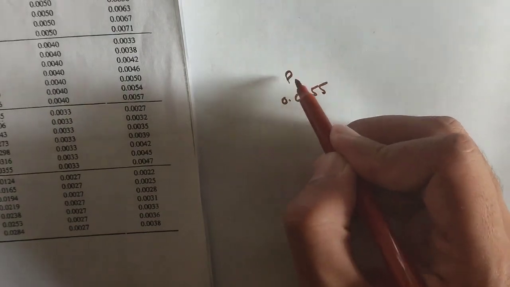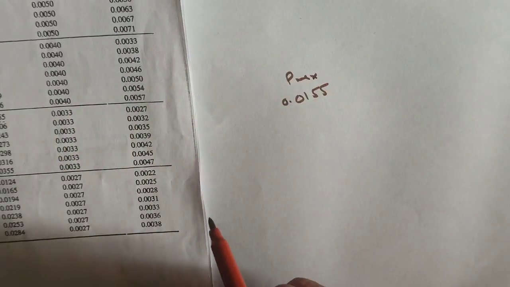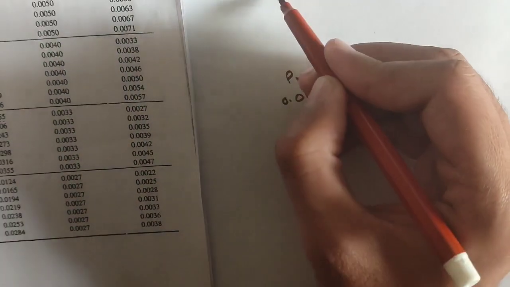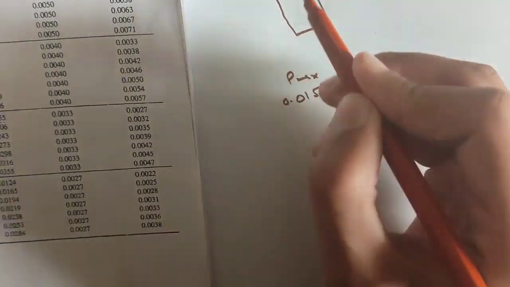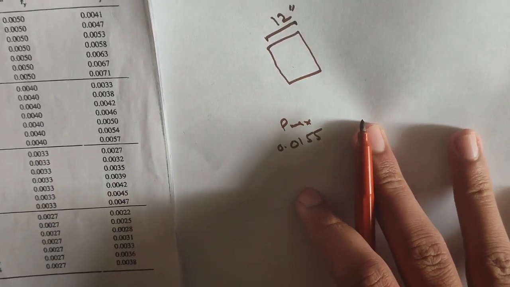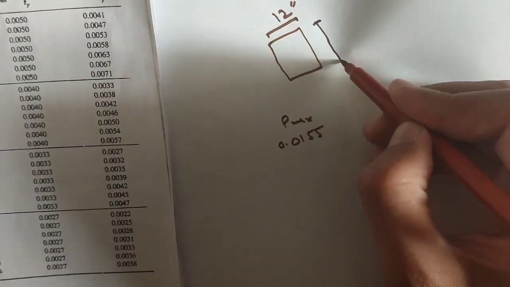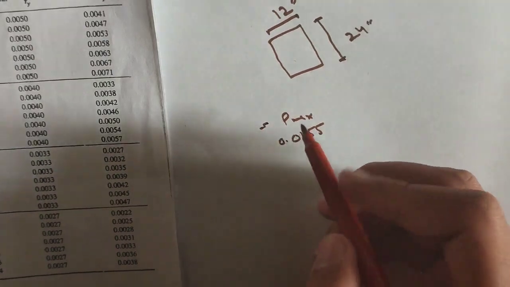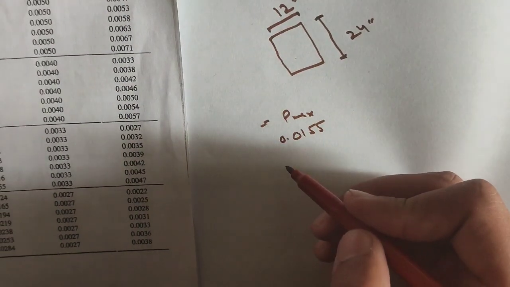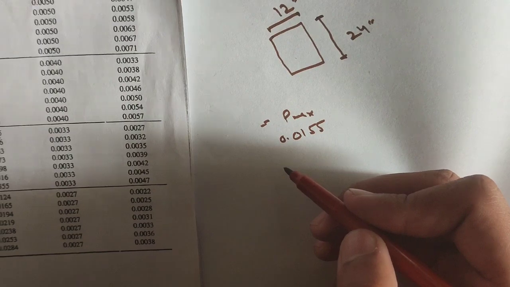This will be the rho maximum value for my beam. And let's suppose I have a beam of 12-inch width and 24-inch depth. I want to know the exact reinforcement in square inches.